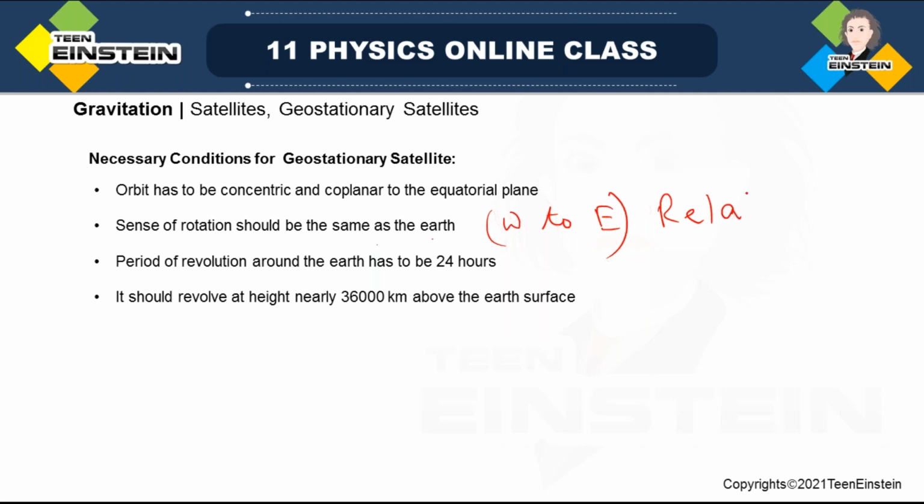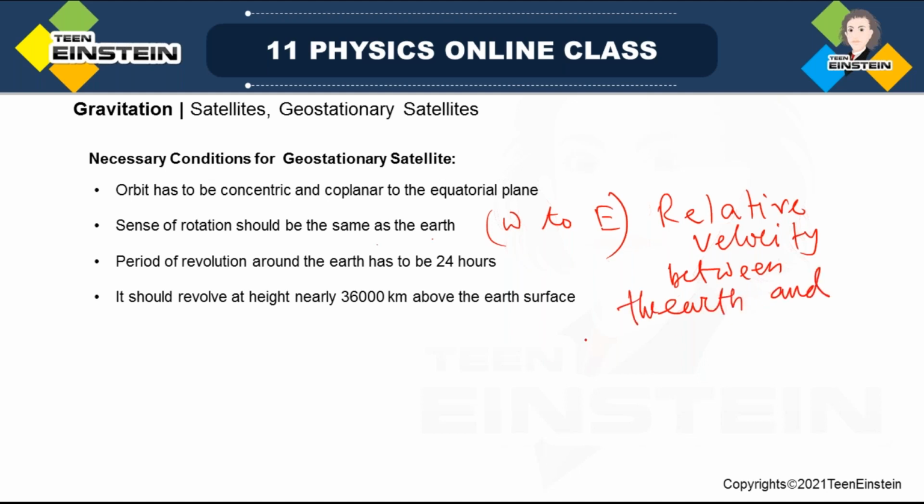So the relative velocity between Earth and the geostationary satellite will actually be 0.